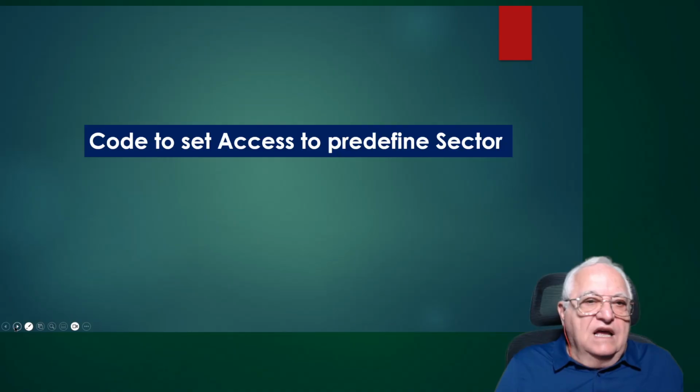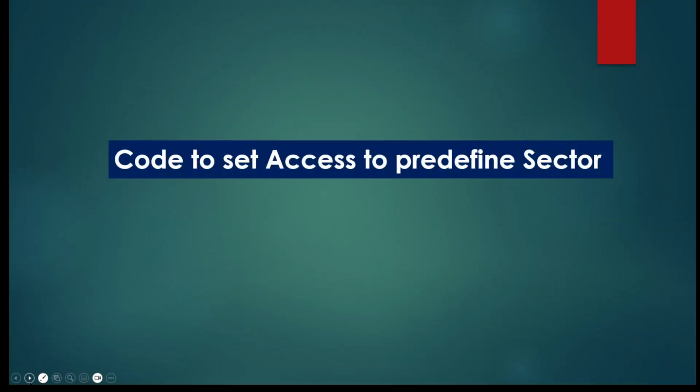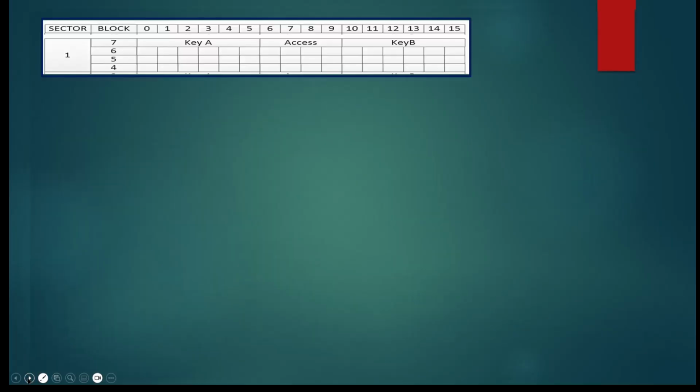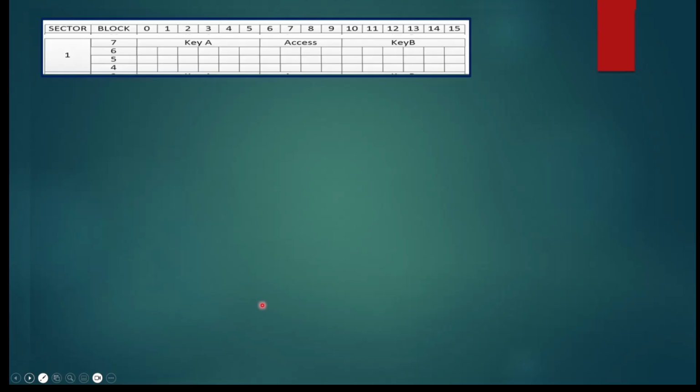So now let's go to the code that is going to take care of putting together the access bits. Let's develop the code which is going to define the access to each of our blocks on a per sector basis. Let's assume we want to do block 7 in this case, which is sector 1, block 7.